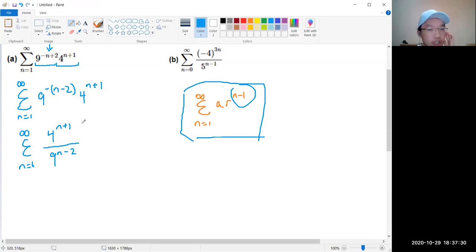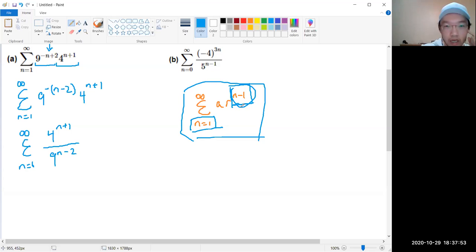I mean, you could, but I kind of don't want to. The reason why we want an exponent of n minus 1 over here is because that's the exponent we want when the index starts at 1. So if you're going to shift the index, then we don't really need an exponent of n minus 1 anymore.